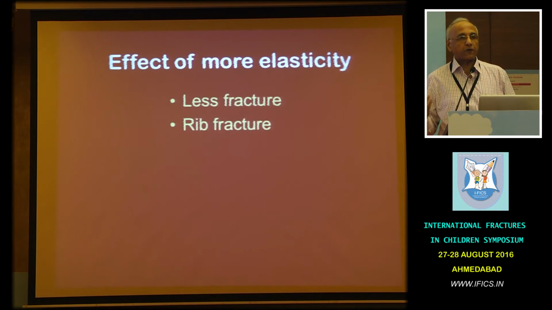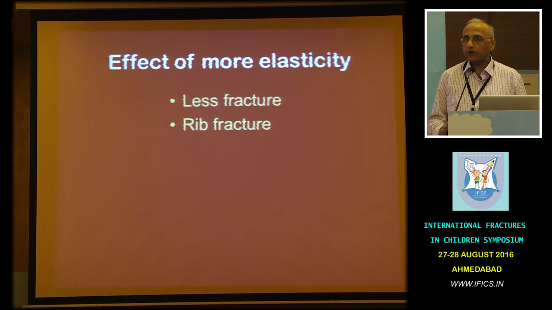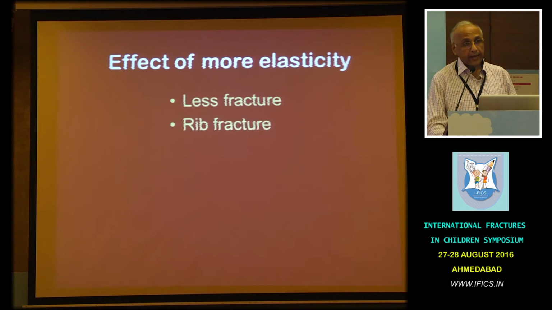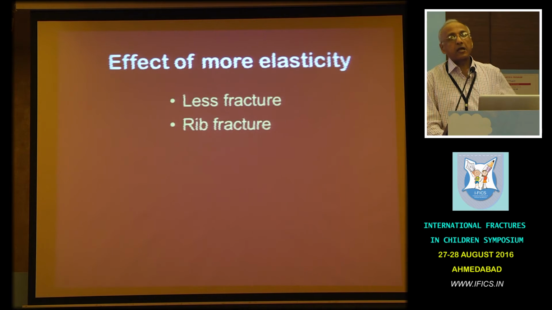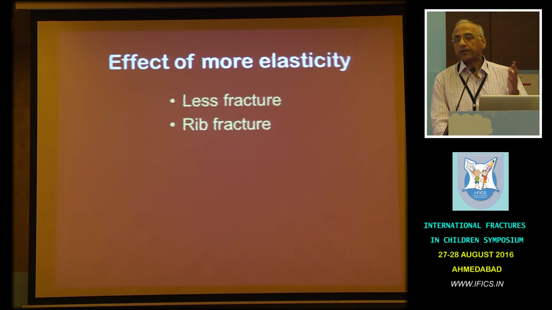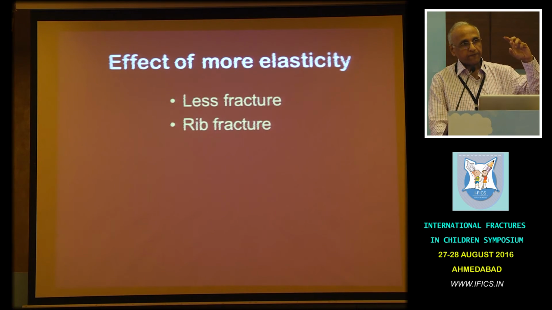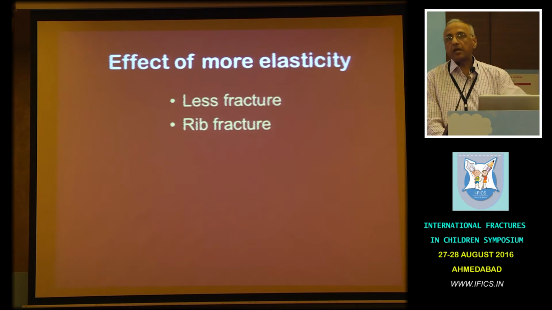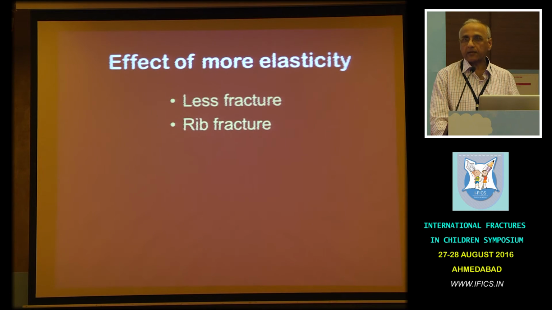So in children, we rarely see a rib fracture. In adults it's very common, but in children it's not very common because of this property. Another effect is that lung injury is much more common in children compared to adults, because the rib can deform and cause lung injury, but it's not seen on X-ray as a rib fracture.